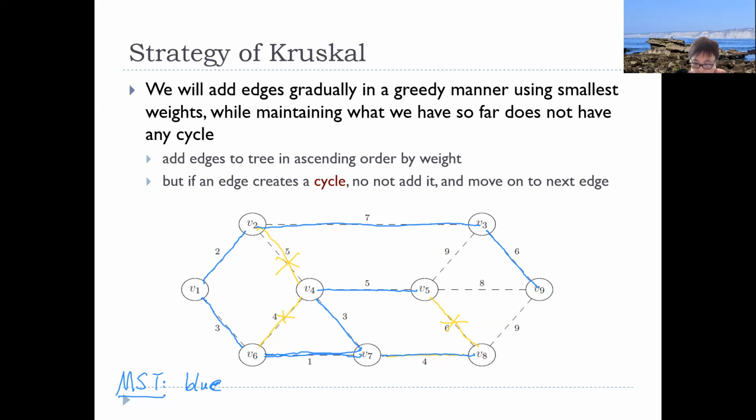Okay, and then it's 8, but this 8 we cannot add, because when we add this edge, we form a cycle, which is V9, V3, V2, V1, V6, V7, V4, V5. They're already connected, okay? So the last edge to consider is this one, and it's still already connected. Okay, so the blue edges connect all the nodes, and this is the spanning tree that we output.